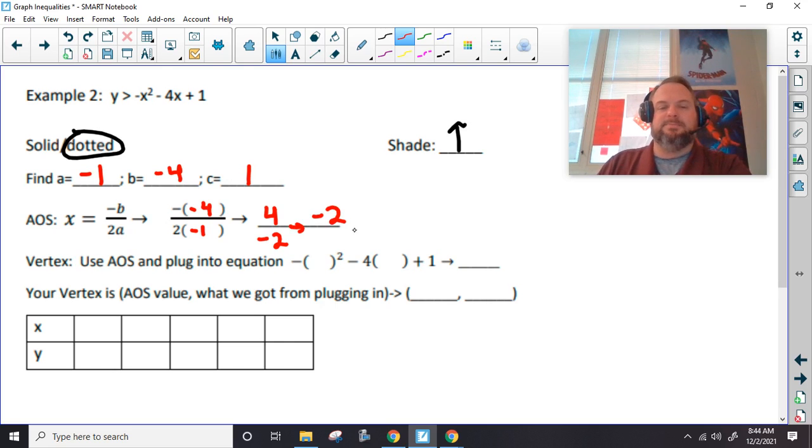Yeah, -2. So that is our vertex, or our X value for our vertex, axis of symmetry, that kind of thing. So to find this, we would actually plug it in like so. Yes, I did get 5.